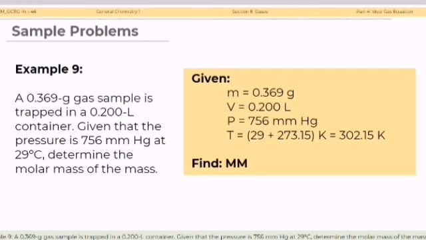Given data are mass 0.369 grams, volume 0.200 liters, pressure 756 millimeters of mercury, and temperature 29 degrees Celsius or 302.15 Kelvin. What is asked is the molar mass of the gas.